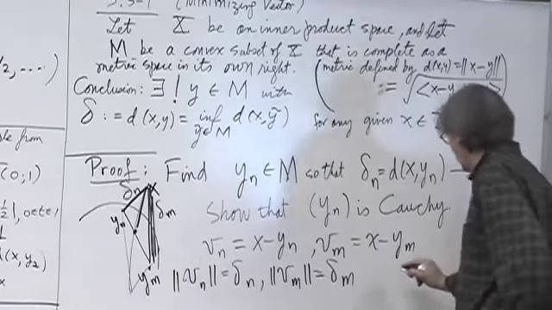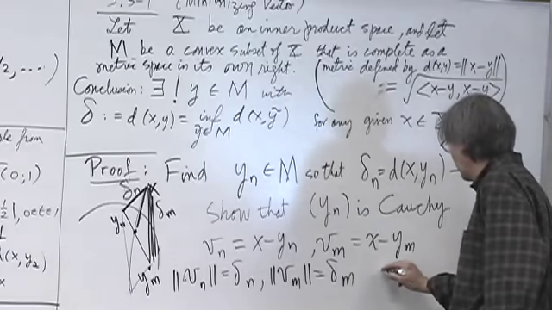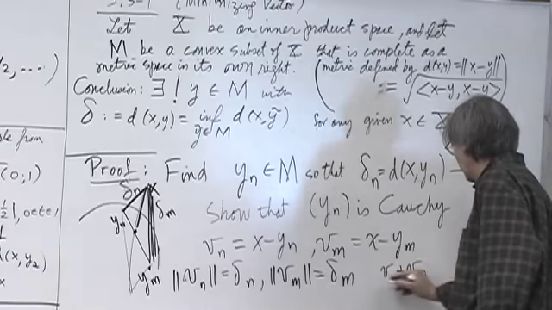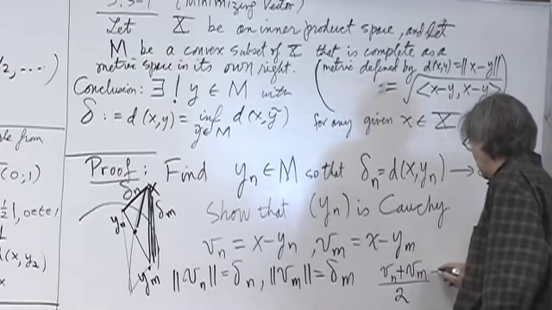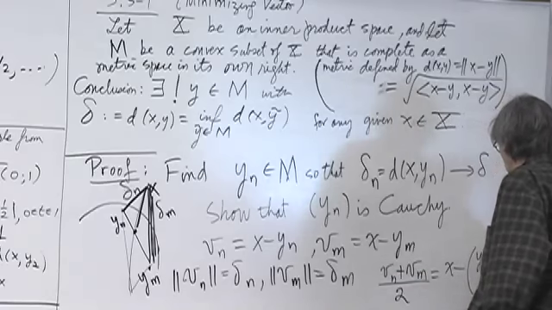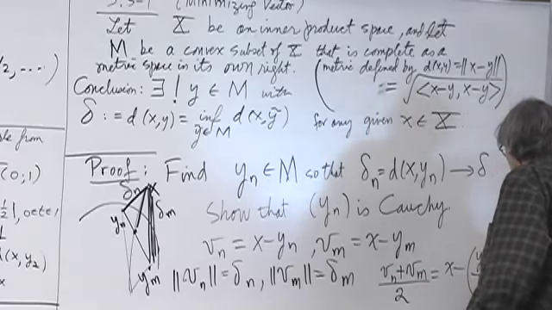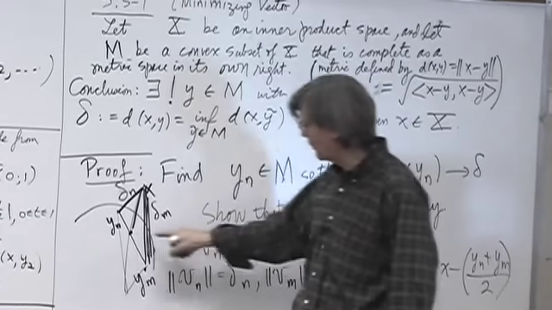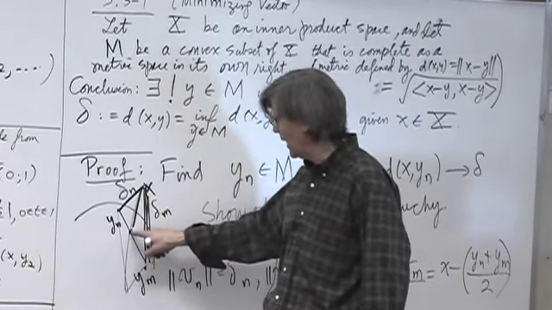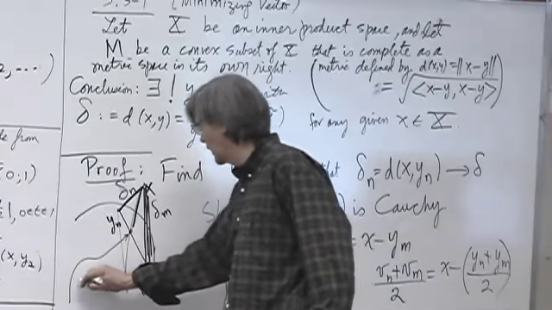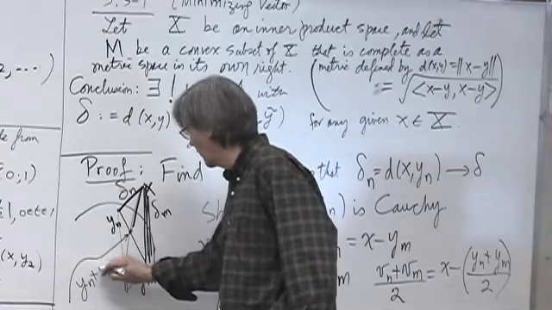So Vn plus Vm over 2 is equal to x minus the average, yn plus ym over 2. This point is in M. I'll just label it here: yn plus ym over 2.